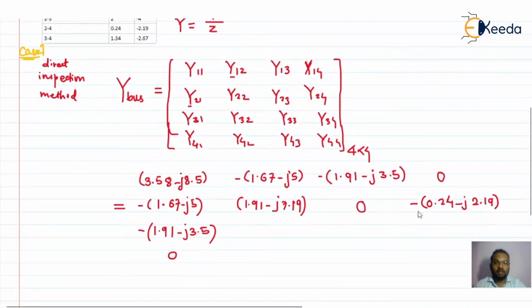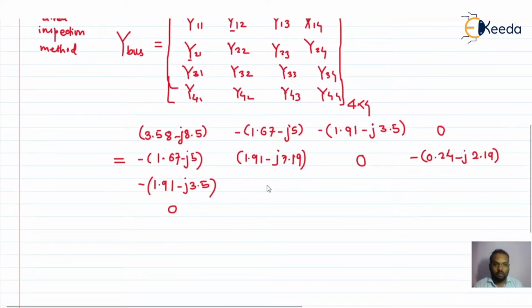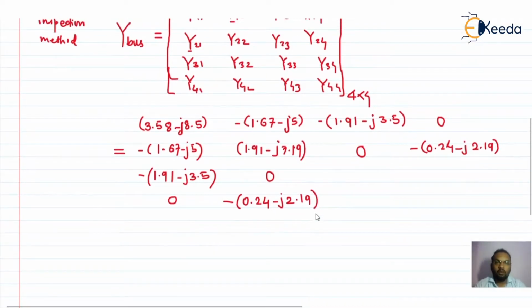As it is a symmetrical matrix, this term will also become minus 0.24 minus j2.19.